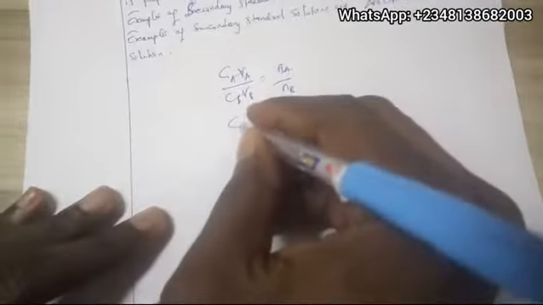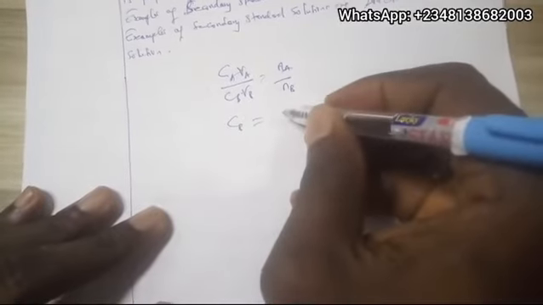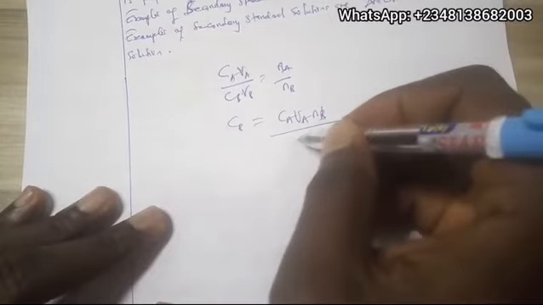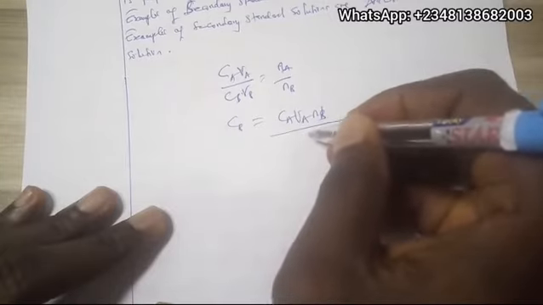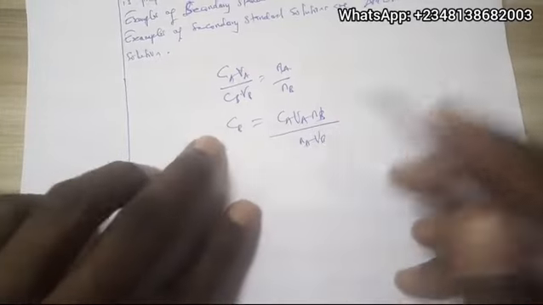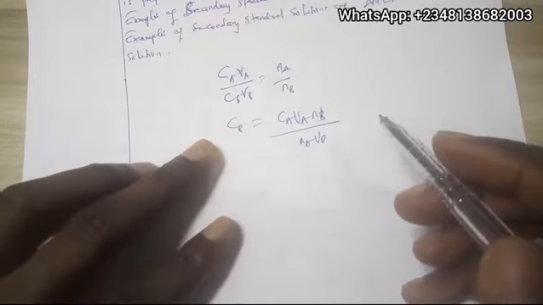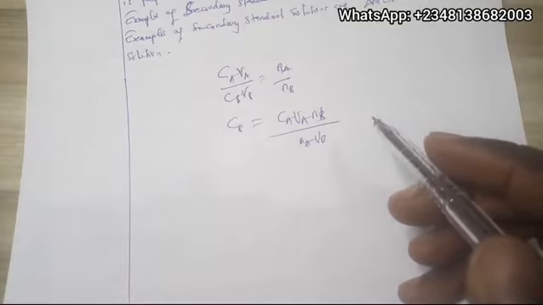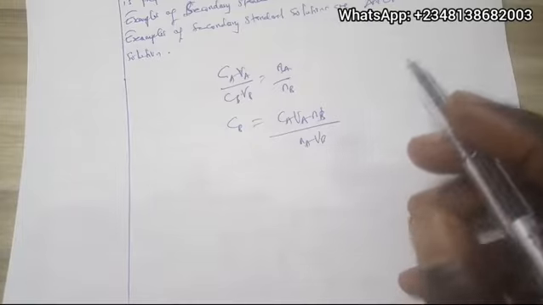If you make CB the subject of the formula, you can see that you can calculate the concentration of the solution of the secondary standard. Once you do that, you have determined the concentration, and that will make it a secondary standard solution. That means you have standardized it.